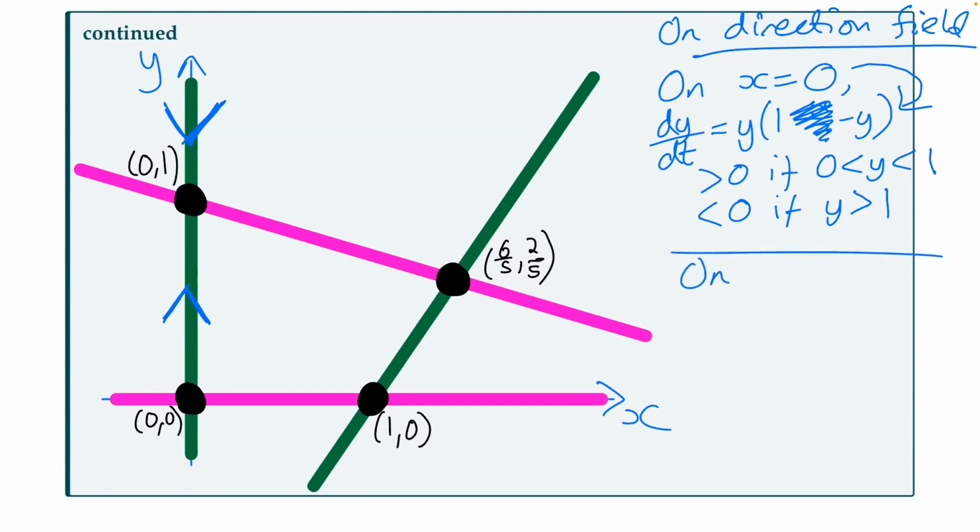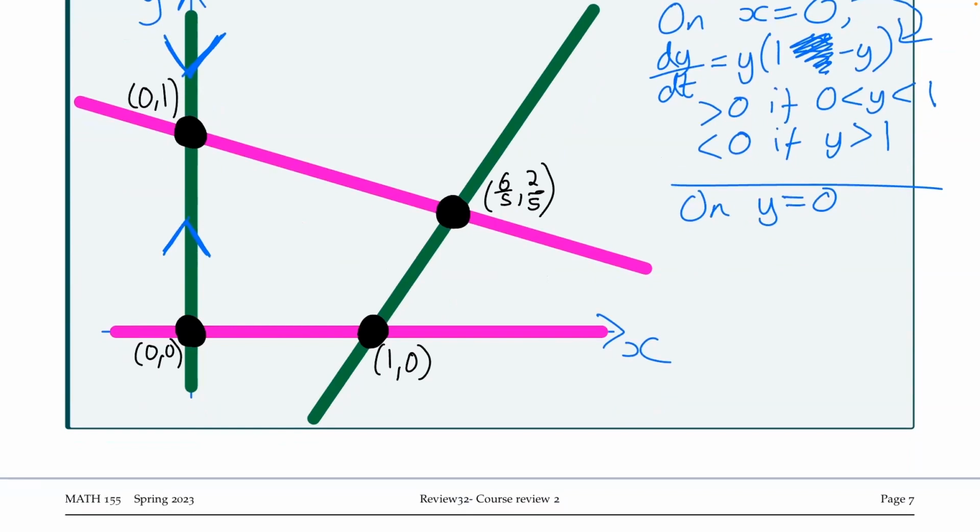Okay, now let's think about the other axis. So y is equal to 0. dy/dt is equal to 0 by definition. So what's the change in my x variable? dx/dt is equal to x times (1 minus x plus y over 2). It doesn't matter what it was because the y is going to be disappearing anyway. y is equal to 0, we're substituting this into there.